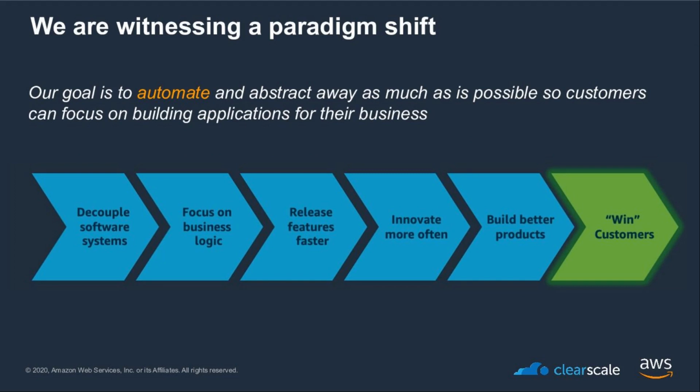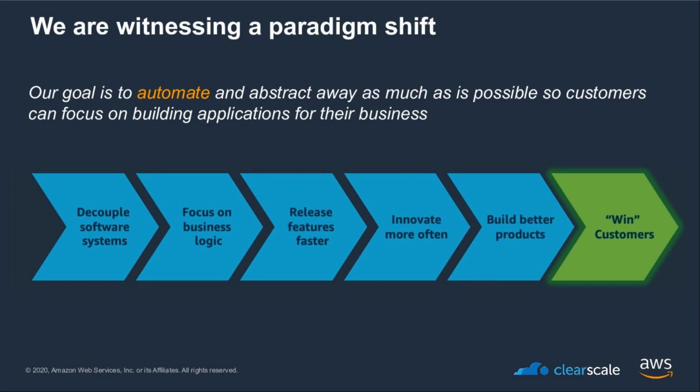Today we are in the middle of a paradigm shift. In IT, our ability to do things at a rapid pace has been improving significantly with the introduction of infrastructure as code, CI/CD pipelines, automated security and compliance, and serverless.